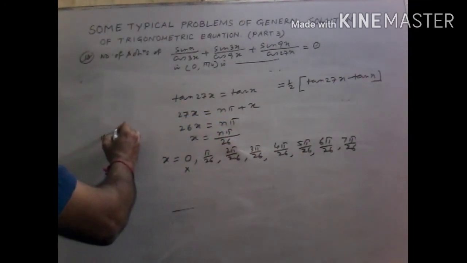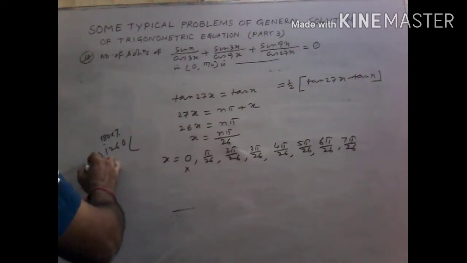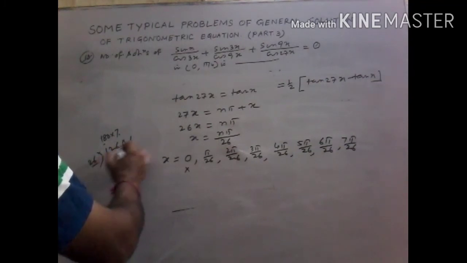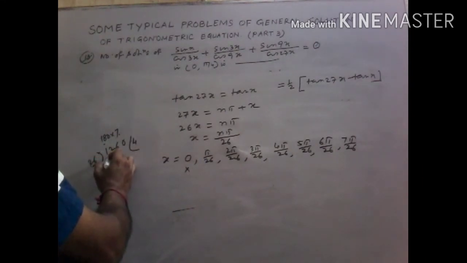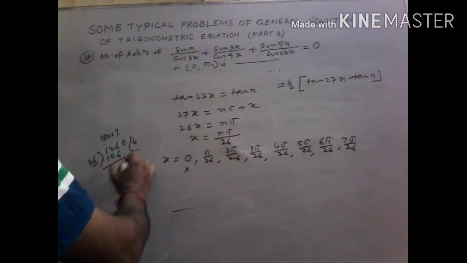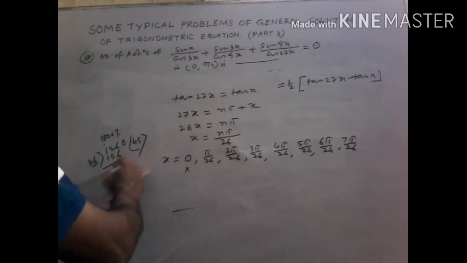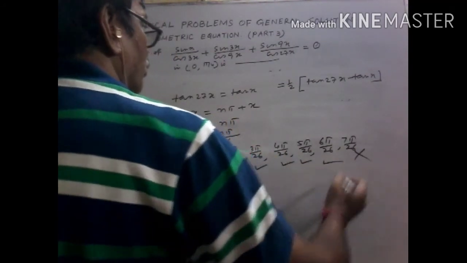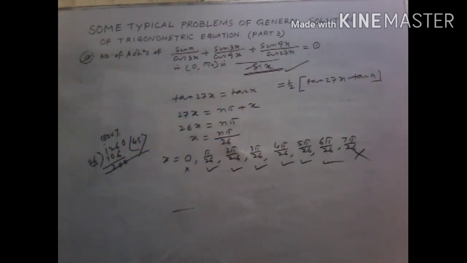Look, 7 pi, 180 into 7, if we divide by 26, this is greater than 45. So this one is not possible. So how many solutions? 6 solutions. The number of solutions is 6.